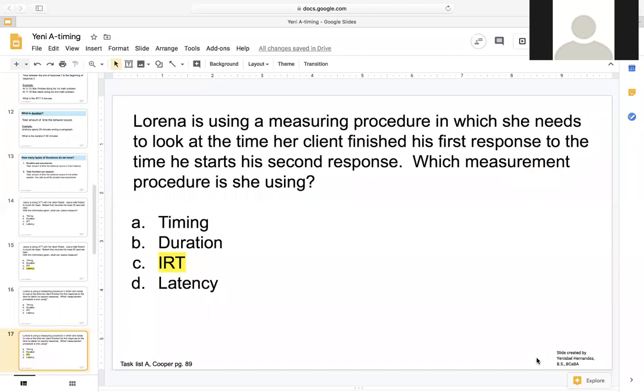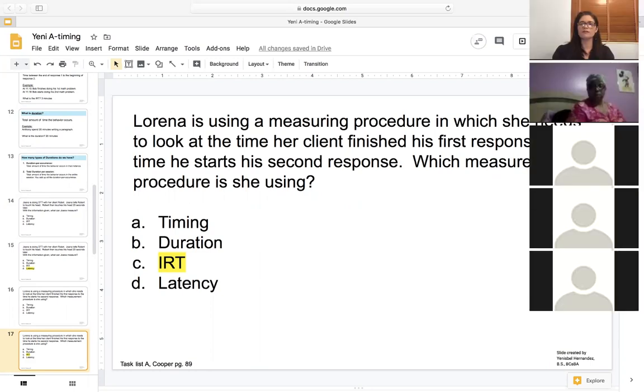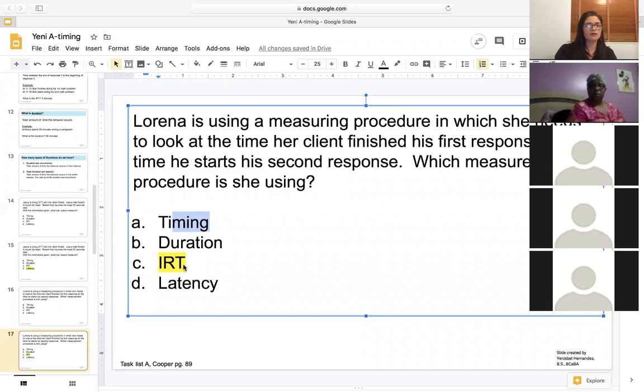Yes. Okay, so let me ask you, why is it IRT and not timing? Timing is an umbrella term, right?